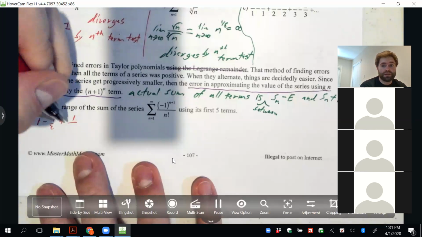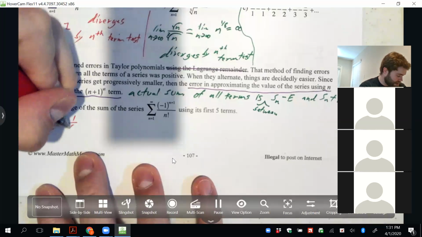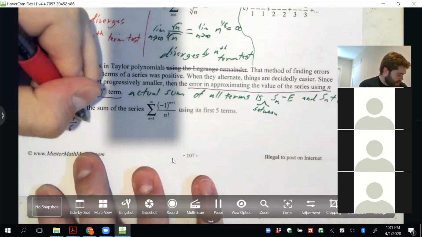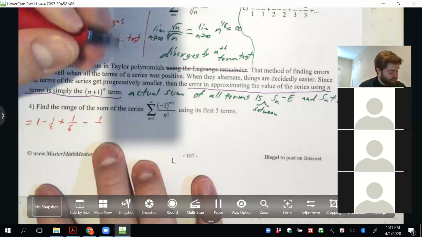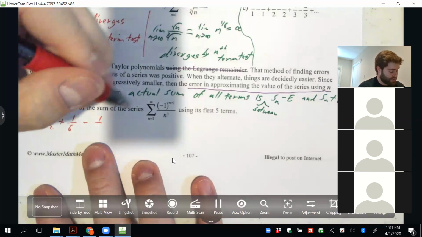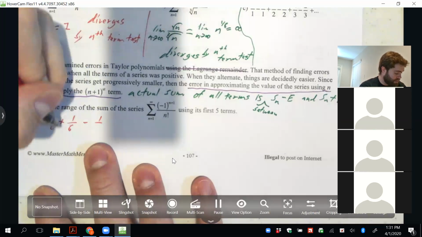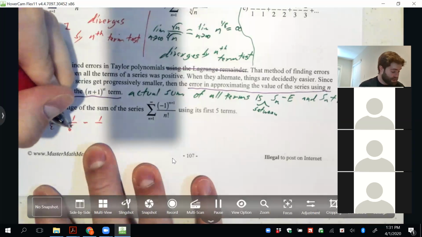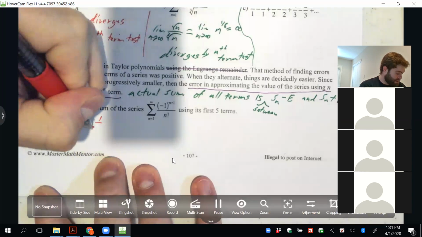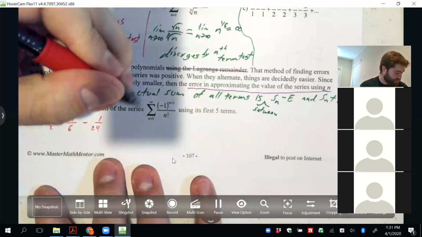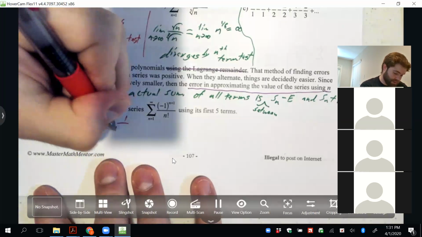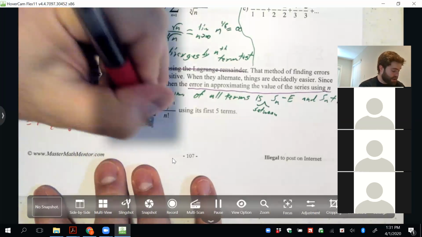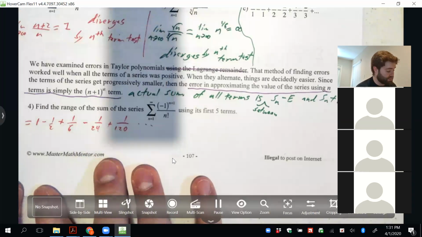Well, 3 factorial would mean 3 times 2 times 1, so 6. And then minus 1 over 4 factorial. Well, 4 factorial is only 4 times 3 times 2 times 1, or just taking 3 factorial and multiplying by 4. So 4 factorial is 24. And then plus 1 over 120. And it would keep going if we wanted the entire sum.